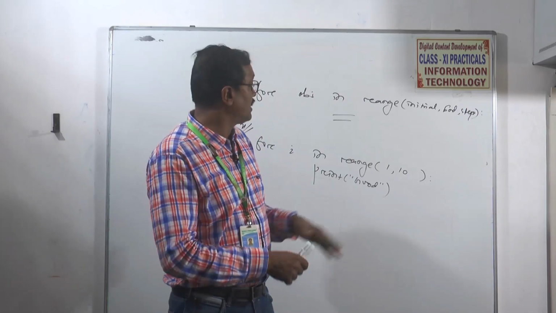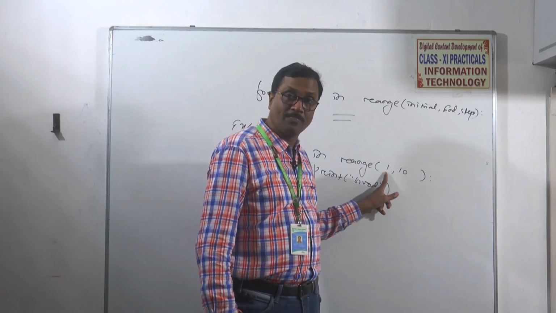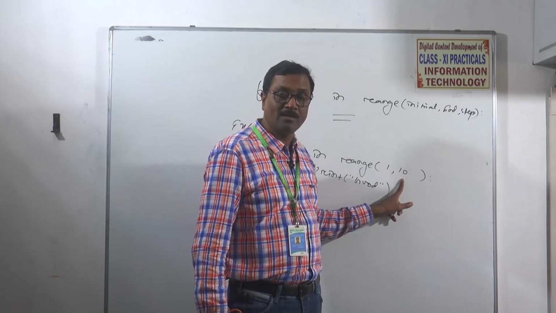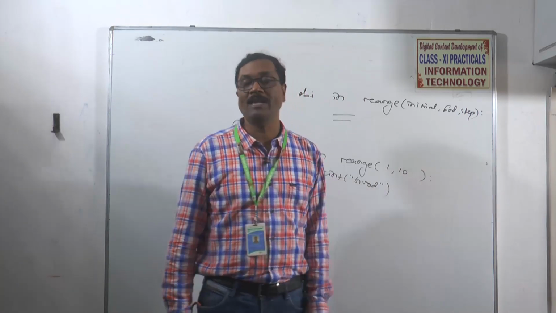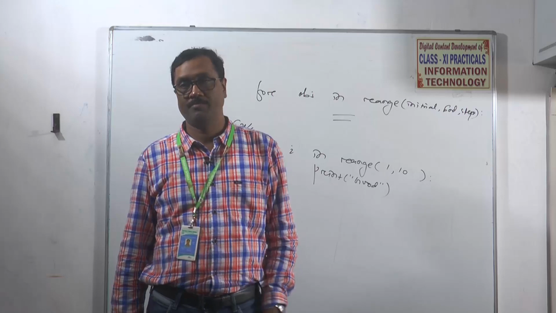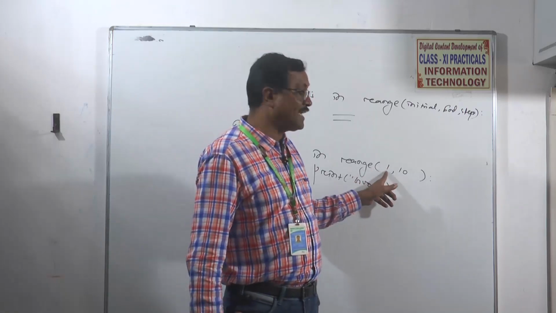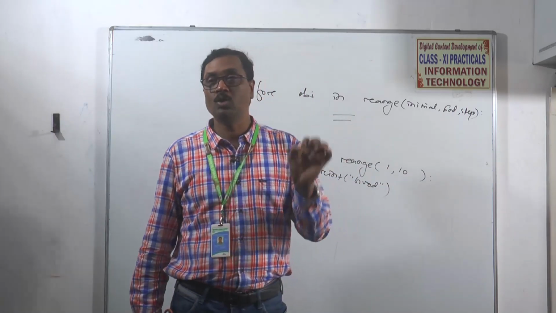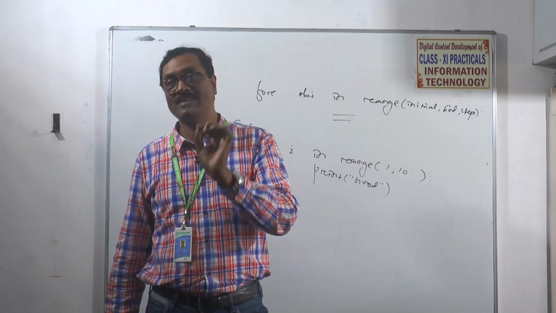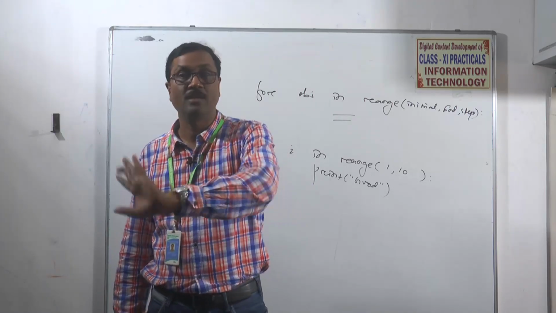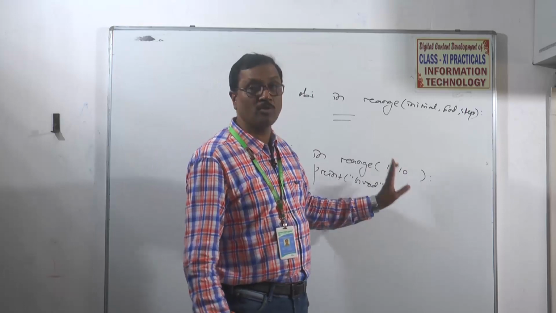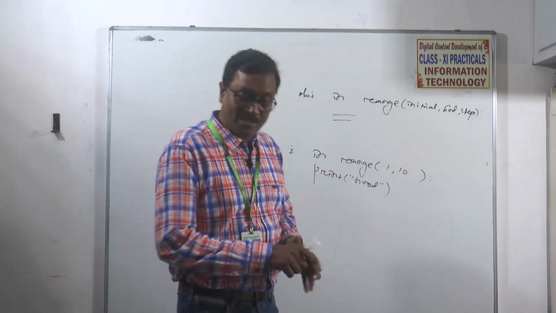If I do not give the step value and write only 1, 10, then it will be considered that the starting value is 1 and the end value is 10. Step value I have not given, so by default the step value is plus 1. It will create a range like 1, 2, 3, 4, 5, 6, 7, 8, 9, not 10, because end value will not be touched.